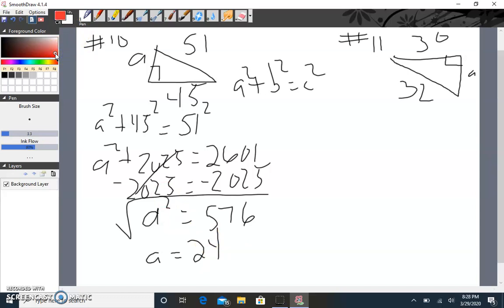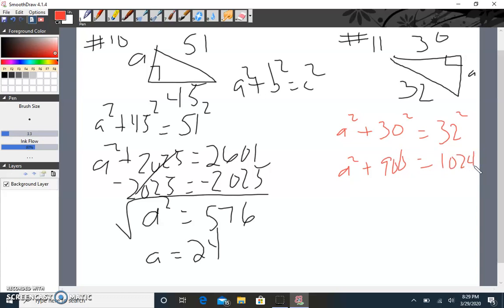You just follow the principles that you learn doing your calculations, doing your equations. Same thing over here. Let's do the same thing. We got a squared plus b squared. Now if we look at these two, they're very similar, but the longer side is 32. So that makes 30 our b. And our c will be 32. So as we work these out, a squared plus 900 equals 1024.